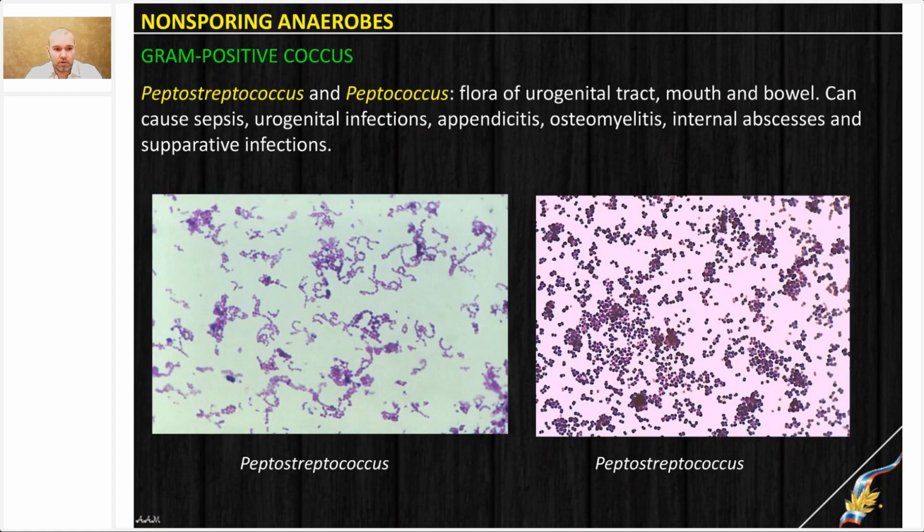So both Peptococcus and Streptococcus can be identified as the etiological agents of urogenital infections, of appendicitis or internal abscesses, and very rarely they can spread via blood causing sepsis and some osteomyelitis and suppurative infections of other internal organs.